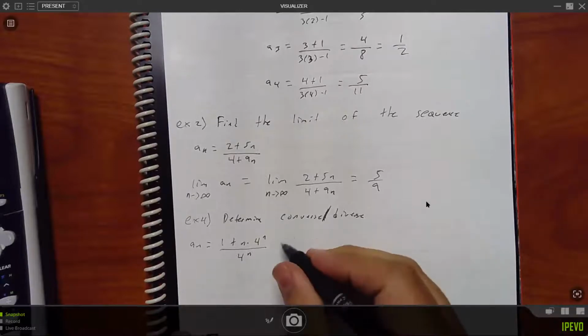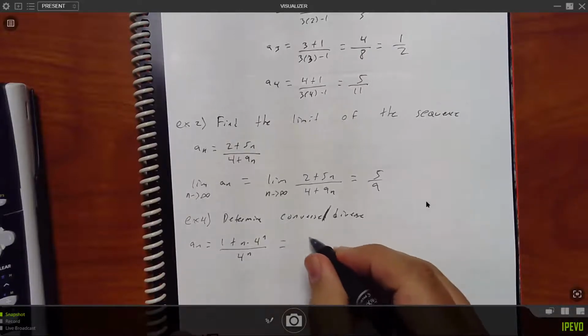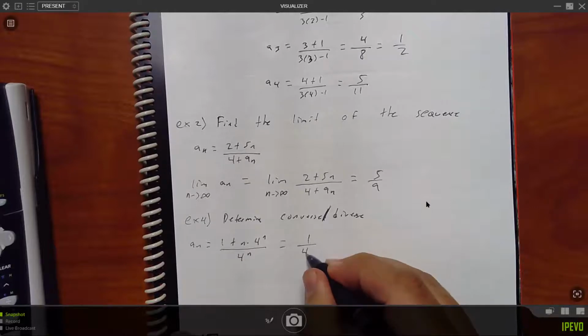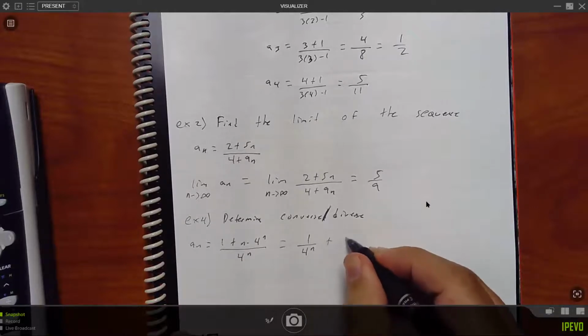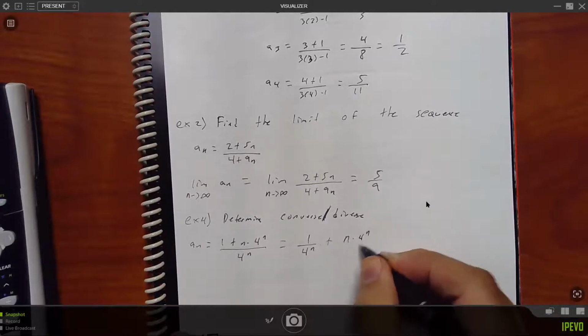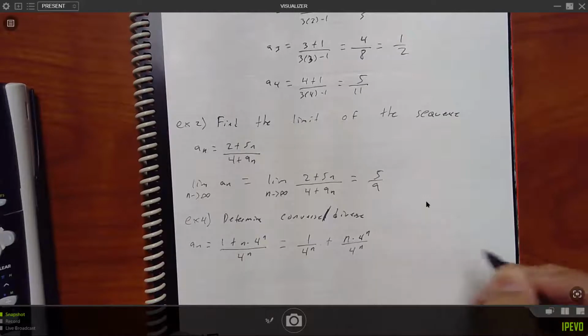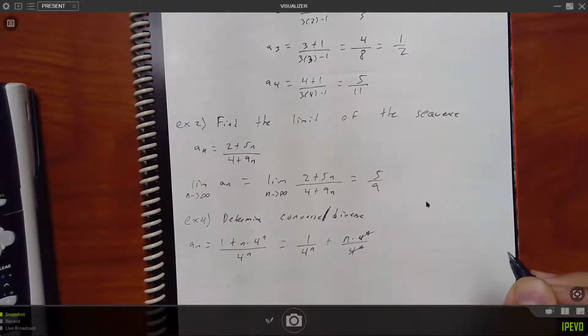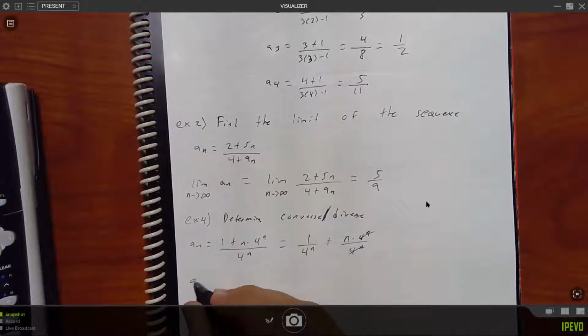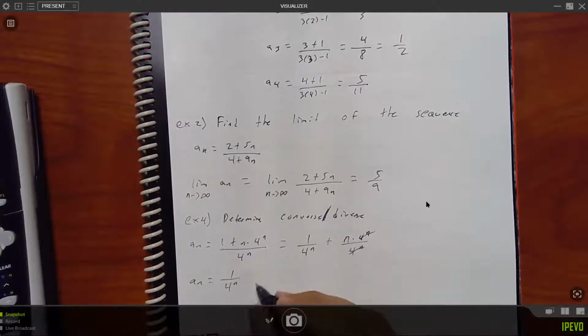I just realized, while I was staring at this, that you can separate this into 2 fractions, right? Which will cancel. So that means that a sub n is actually 1 over 4 to the n plus n.